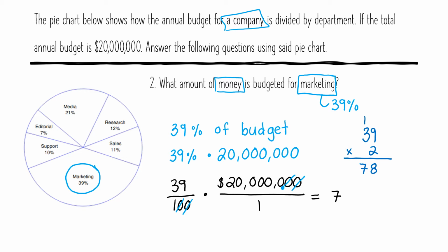So I have 7, 8, and then I have 1, 2, 3, 4, 5 zeros. So that's $7,800,000 budgeted for marketing.